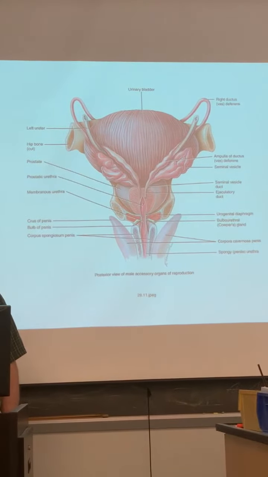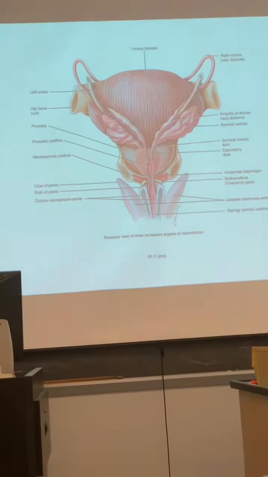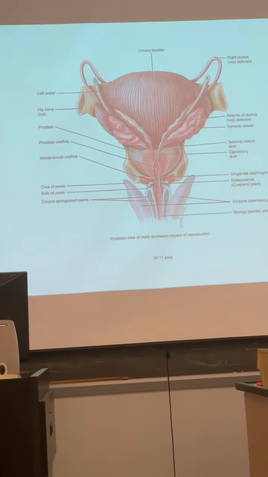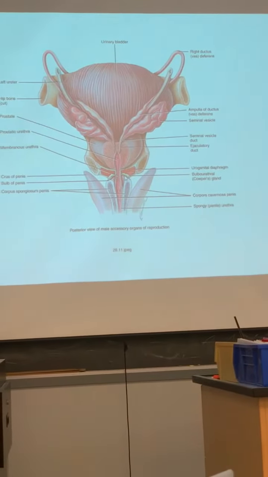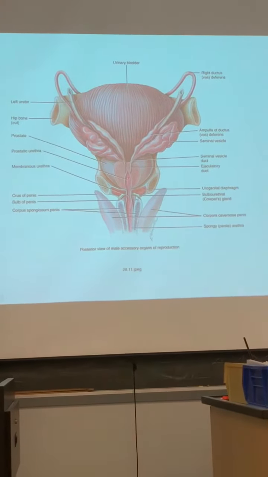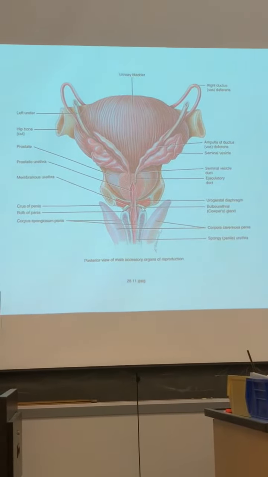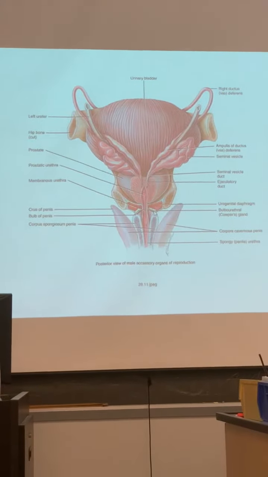Now there's one more component to semen, and that's added by this gland here. This one sits on the outside of the urogenital diaphragm, so it's not requiring those muscle contractions to force it through.